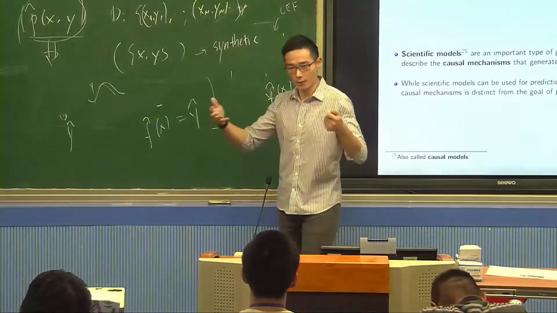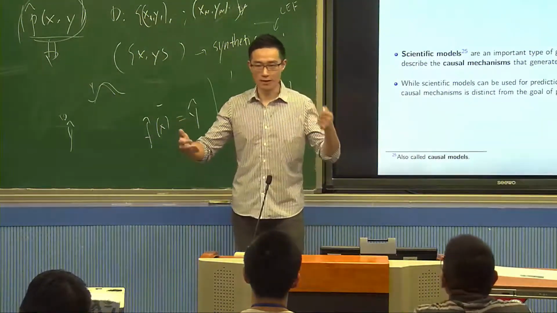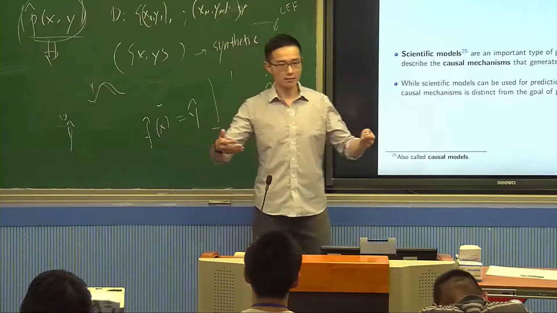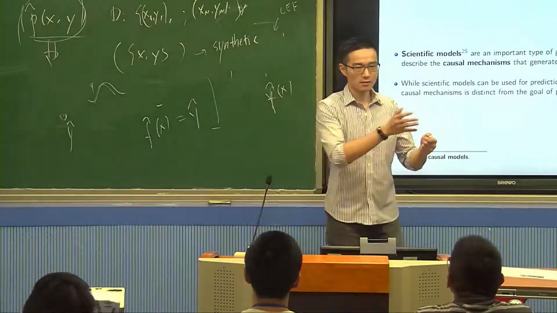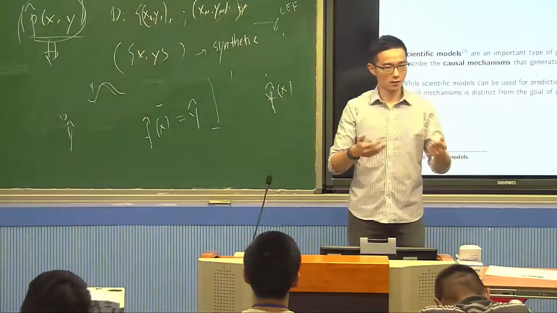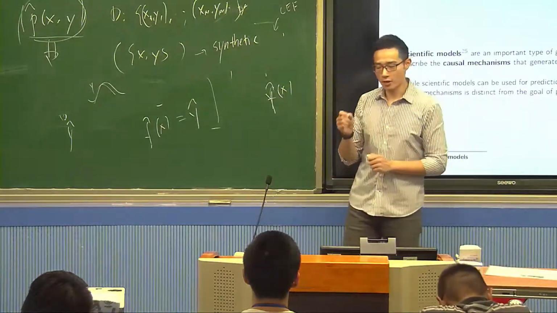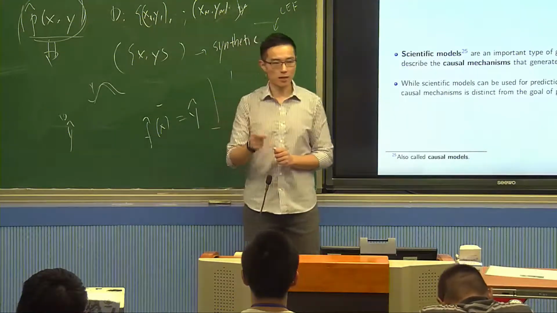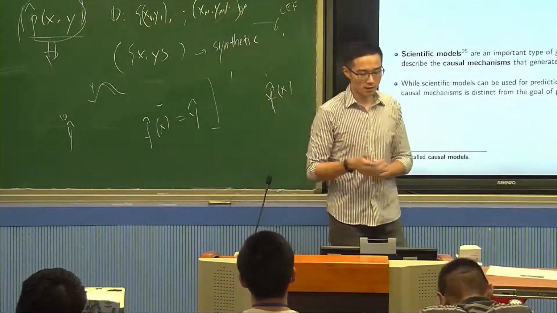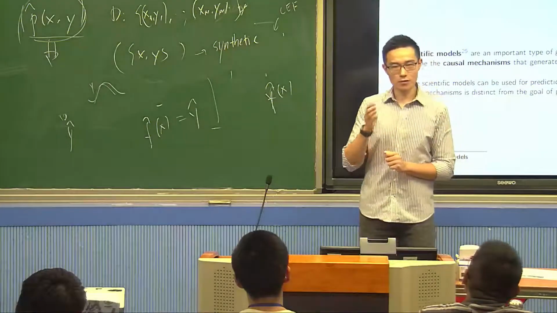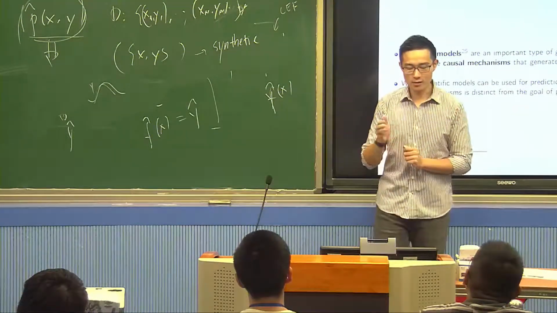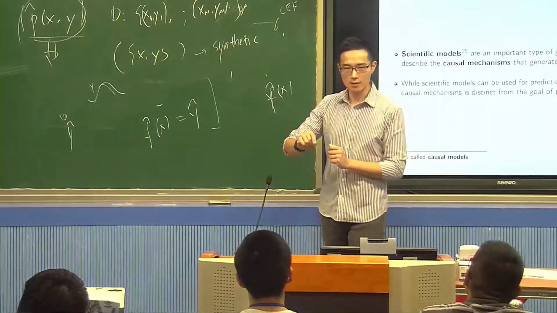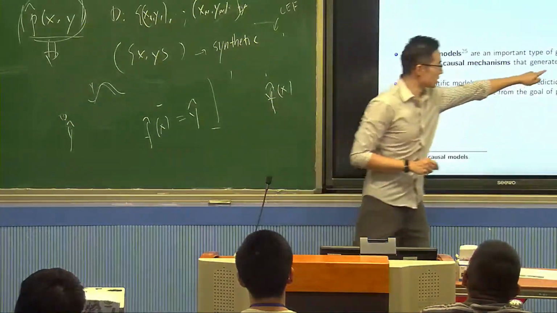They describe how both x and y are generated. They are not conditional. They're not discriminative, asking given x, what is y? They are generative models, and not only simple generative models, but models that describe the causal mechanism. So we say a scientific model is an important type of generative model that describes the causal mechanisms that generate the joint distribution p(x,y).